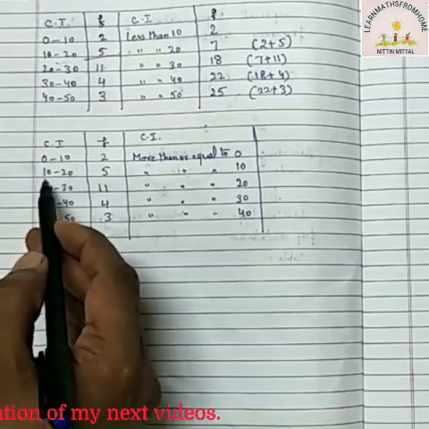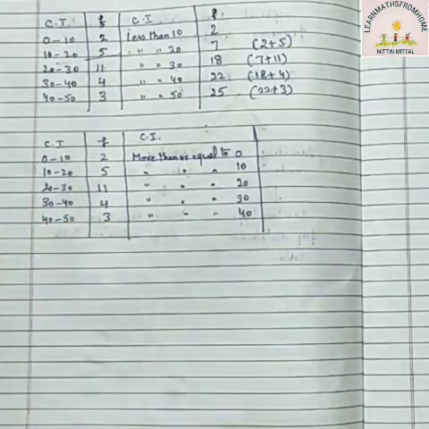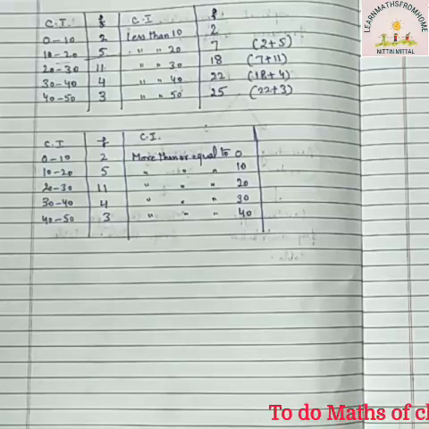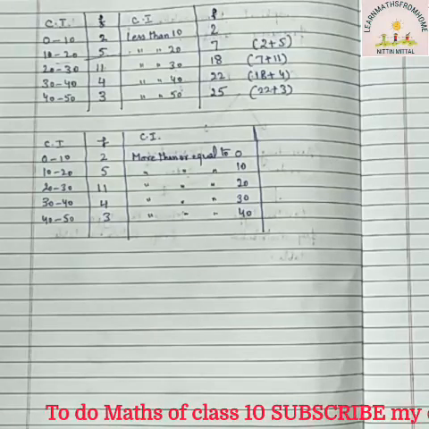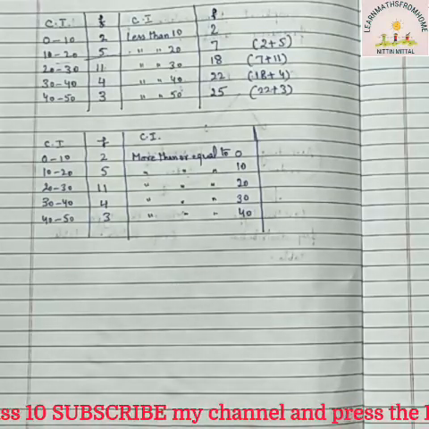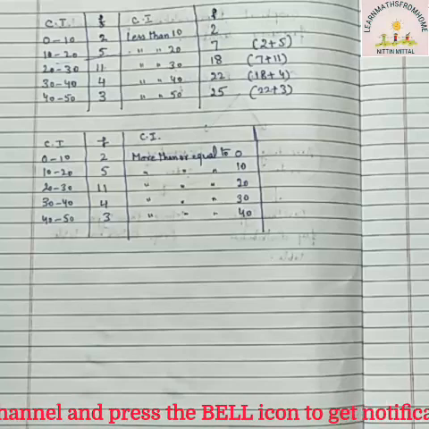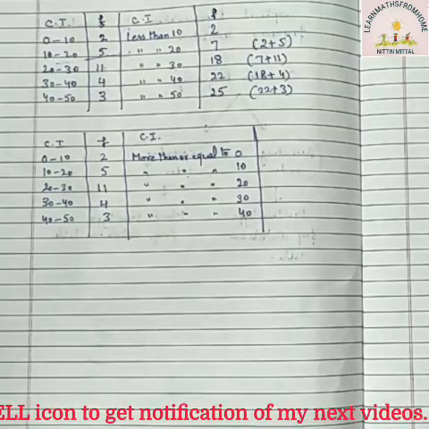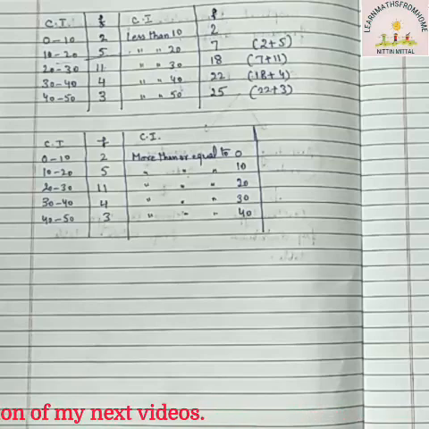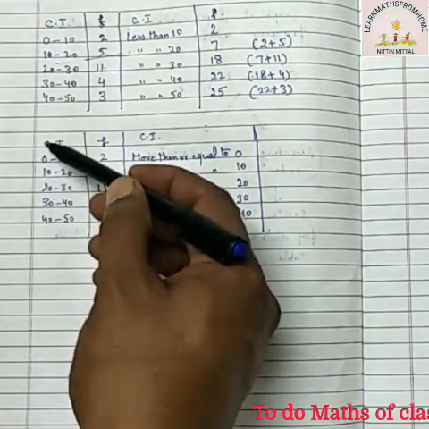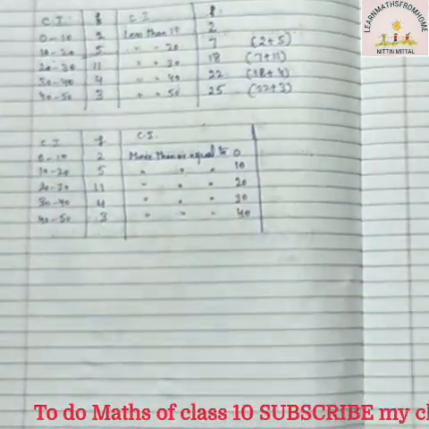We write more than or equal to 10. So this is why we are writing more than or equal to, because in more than or equal to type we take the lower limits and lower limits include the value itself. So 0, 10, 20, 30, 40 are included in this. So we write more than or equal to.